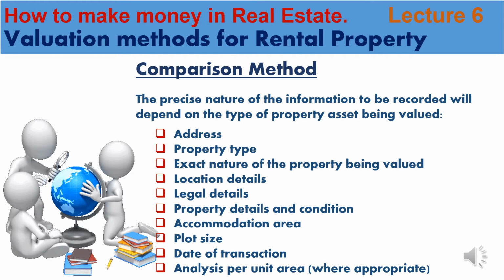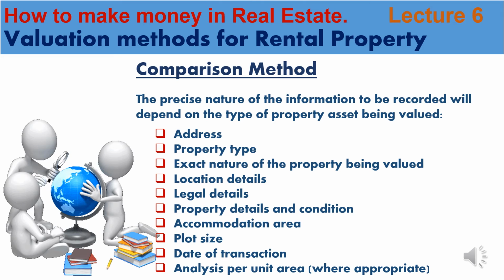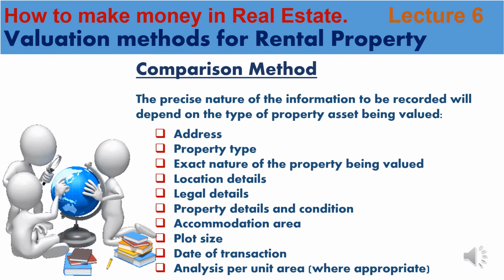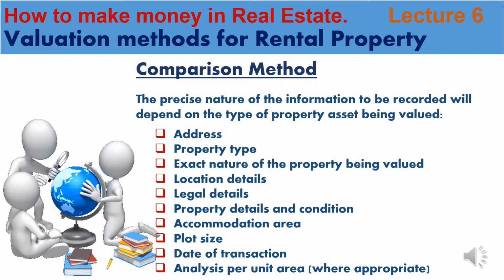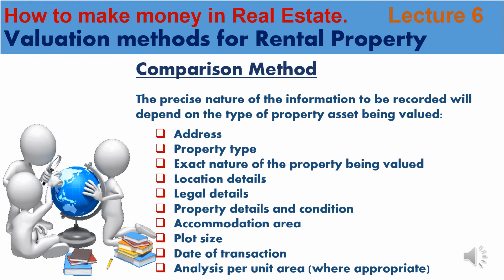Address. Property type, that is, office, shop, industrial, residential, agricultural. Exact nature of the asset being valued or compared, for example a freehold or leasehold interest. Location details. Legal, that is, lease details.